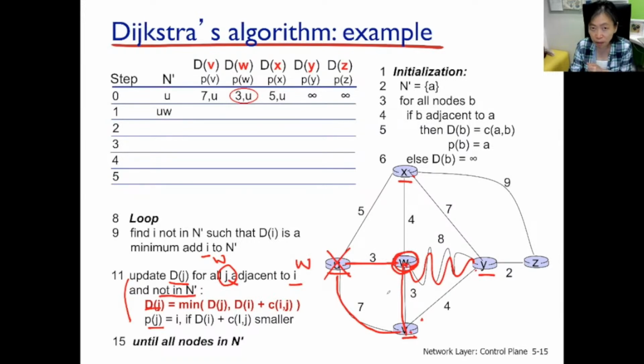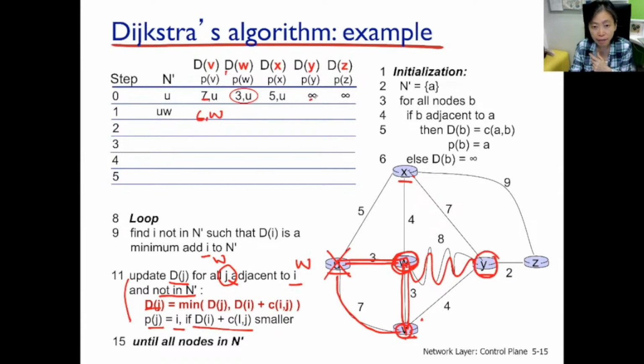Is 6 better than the existing minimum distance to V? The existing minimum distance to V is 7, and that is indeed better. So 6. In case the new path is better, we set the predecessor to the new node we're hopping through. So V is now taking W as the predecessor, and the minimum cost from the source is only 6. Second neighbor, Y.